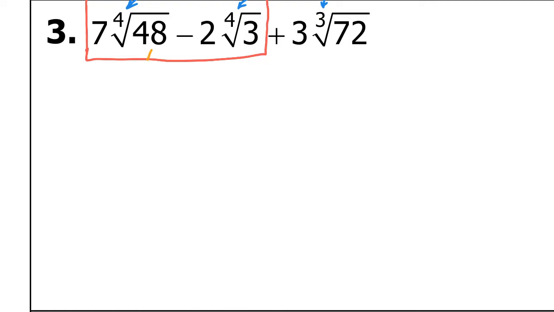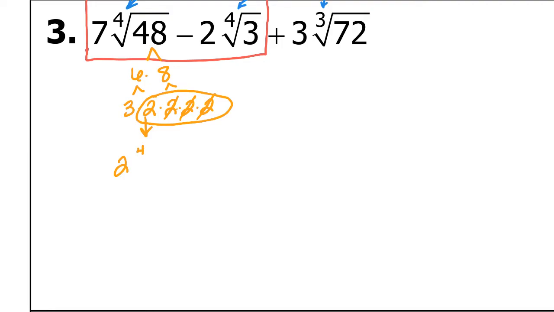So I'm going to start by breaking down my 48 into 6 times 8. 6 can be broken down into 3 times 2, and 8 can be broken down into 2 times 2 times 2. My index is a 4, so I'm looking for quadruplets. My first quadruplet gets to come out, the other 3 do not, and a 3 gets left behind.